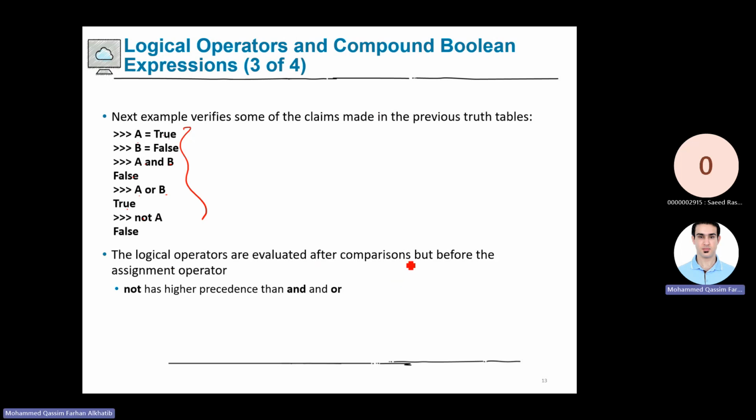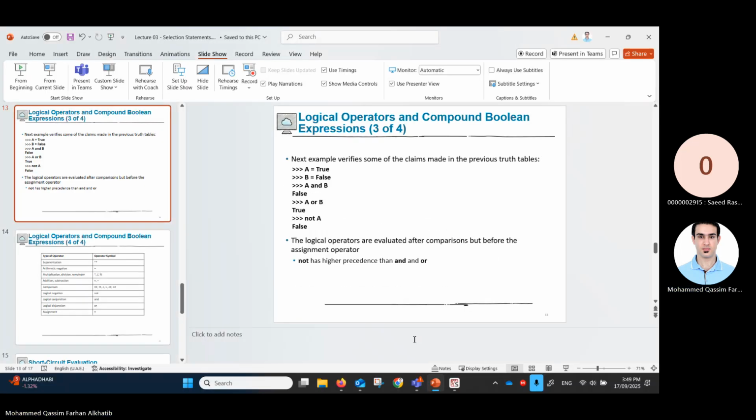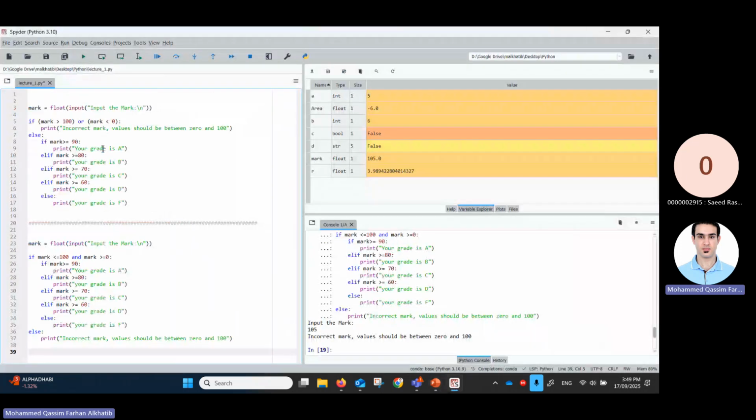What we mean by this statement, when we go back to the code, is that you evaluate these comparisons first, and these conditions first, then you do the OR operator.